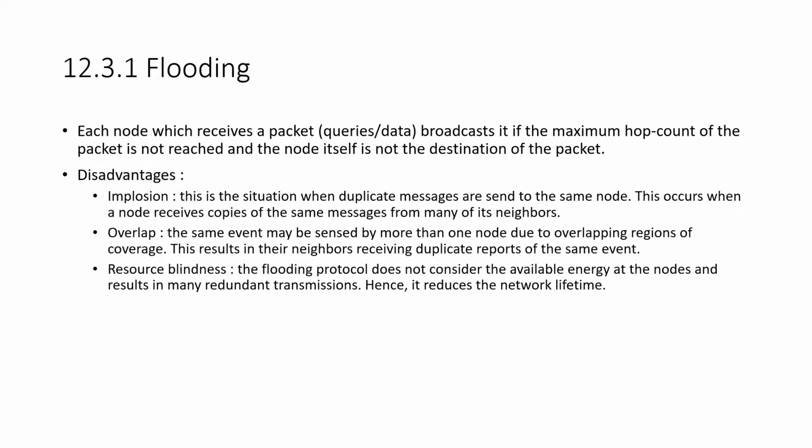This results in their neighbors receiving duplicate reports of the same event. Resource blindness: the flooding protocol does not consider the available energy at the nodes and results in many redundant transmissions. Hence, it reduces the network lifetime.